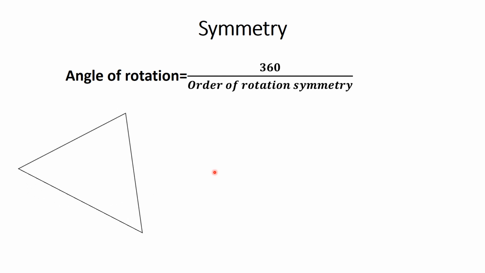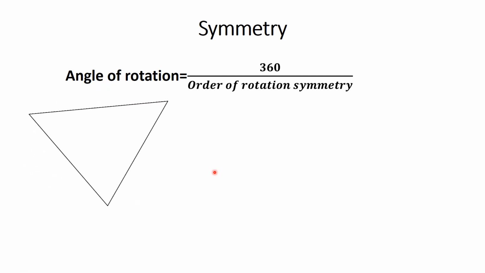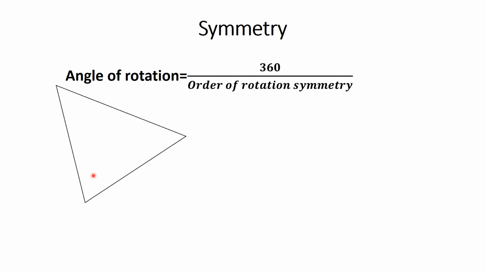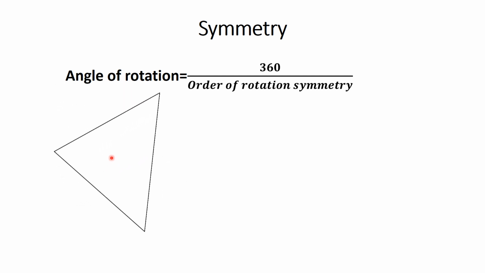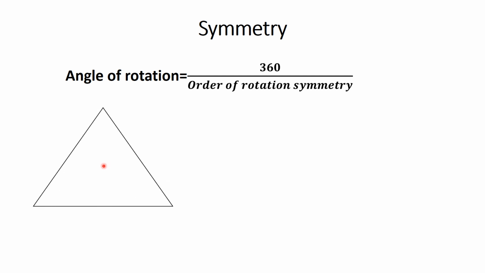So let's rotate this one. So as we're rotating, you can see it doesn't look anything like the way it was before. So I've just stopped here. It's still not looking the same. It looks the same, but it is upside down. So if we continue doing that, it's rotating about this point. So we're going to get the shape.